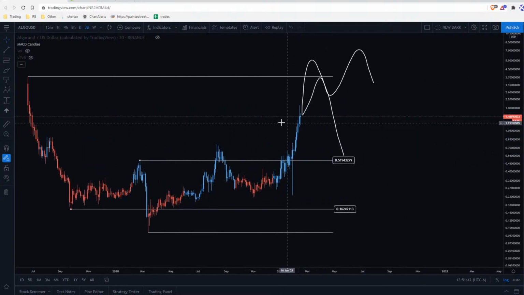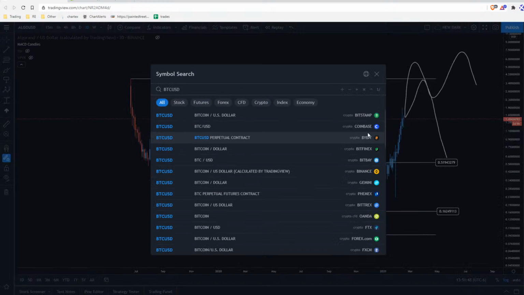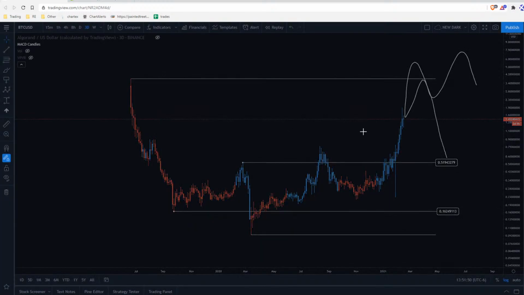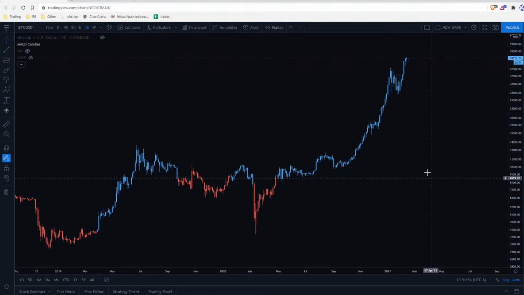Something I posted in the Discord just yesterday is that I'm worried we only have one more pump in the market for the time being. Don't take that as me being a bear. I am a full-blown bull.